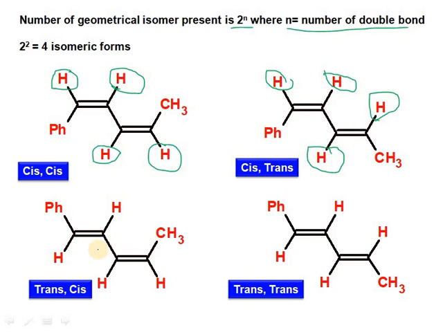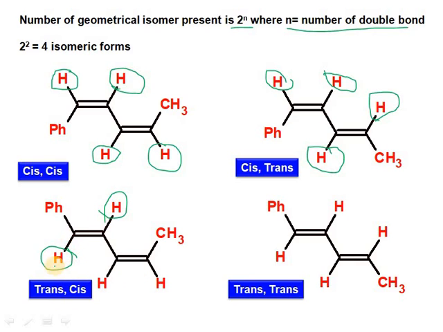Now for the third isomer, we have it here. The first carbon-carbon double bond is trans, because the similar groups are opposite to each other. The second carbon-carbon double bond is cis, because the similar groups are on the same side. Now in the fourth isomer, the first carbon-carbon double bond is trans due to the similar groups being opposite, and the other carbon-carbon double bond also has the two similar groups trans, or opposite to each other.